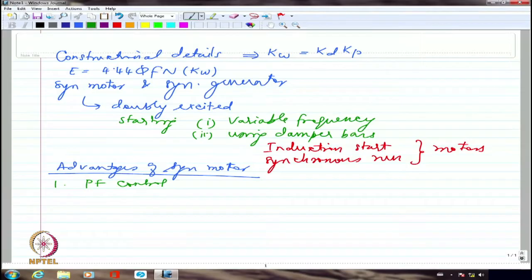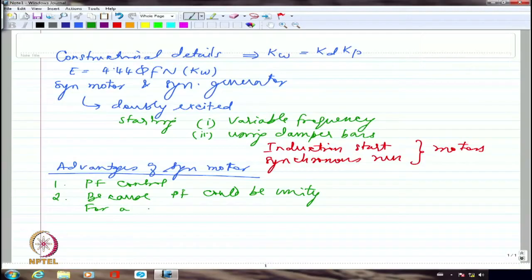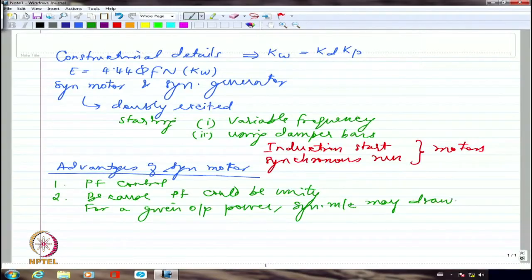One more advantage we said was, because the power factor could be unity, I would say for a given output power, synchronous machine draws less current. I would say rather may draw less current if I am working at unity power factor.